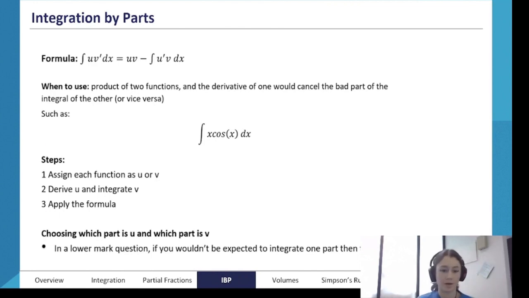So what I'm talking about is, a perfect example of this is if you had x ln x, right?